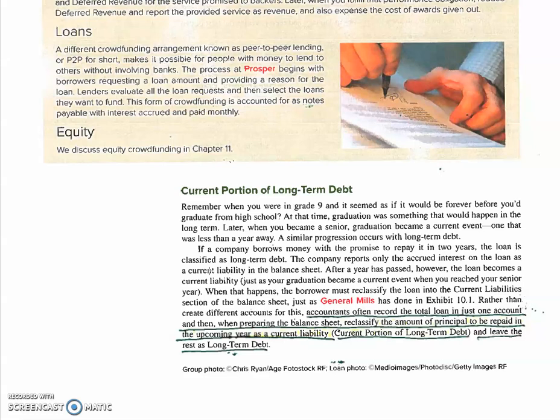Let's say you buy the car for $36,000, and you want to record $36,000 of long-term debt. Well, the reality is you're making payments every month, so a portion of that $36,000 is coming due in the current year. Okay, my 15 minutes on this video is just about up, so I'm going to go ahead and stop, and we'll pick up there on the next video.